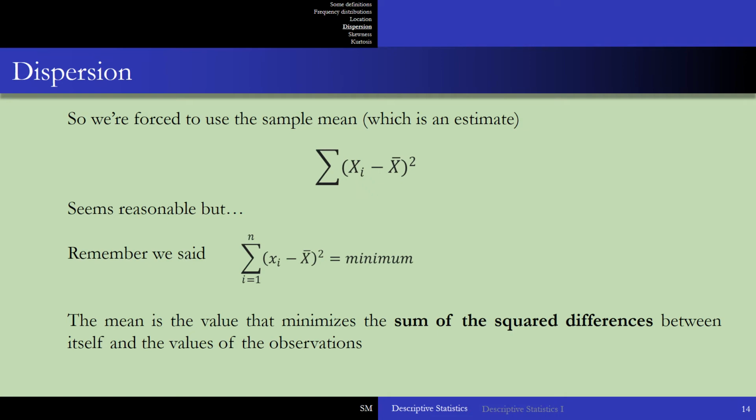However, recall that we said before that the value of the mean can be thought of as the number which minimizes this summation here. The mean is the value that minimizes the sum of the squared differences between itself and the values of the observations.